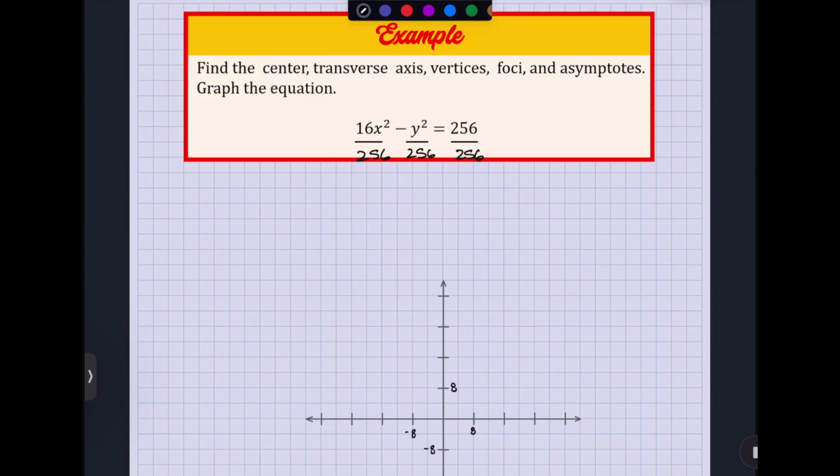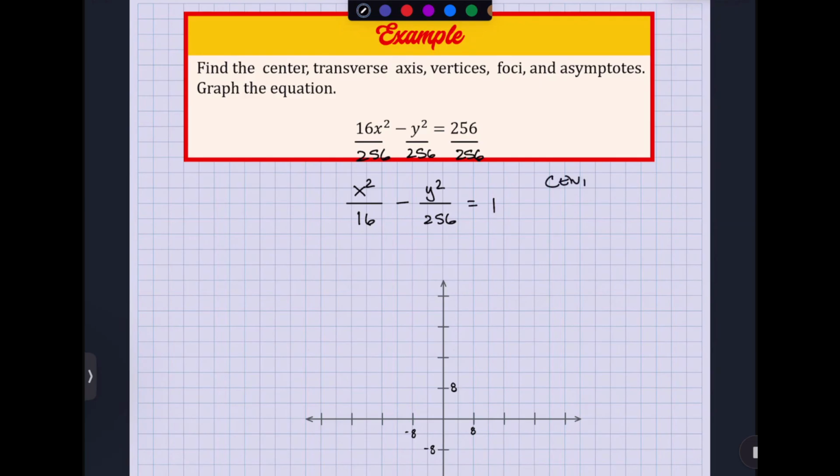So this way I have x squared over, what is that, 16? Yes. Minus y squared over 256 equals 1. Because again, I need that right side to equal 1. My center is at 0, 0.